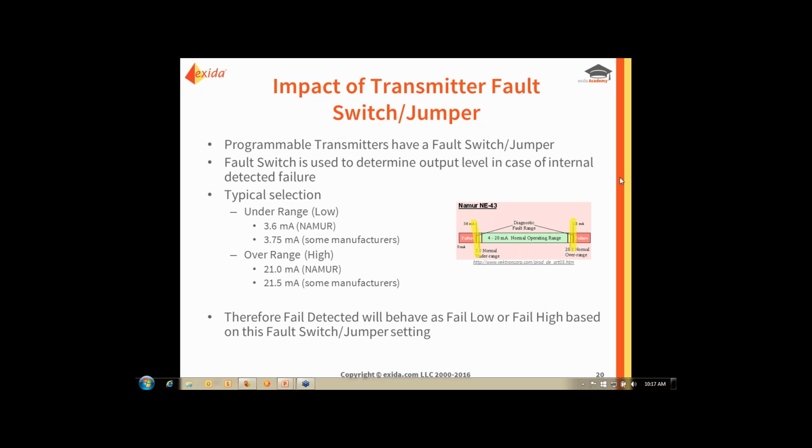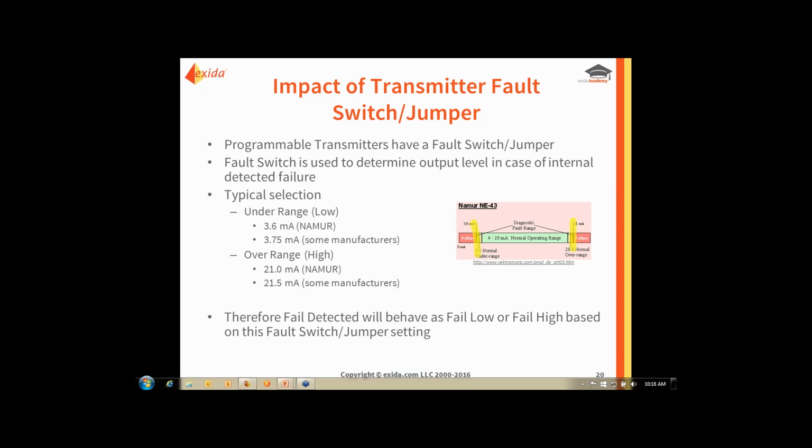Some manufacturers have a default setting of 3.75 milliamps because a HART signal will not work at 3.6 milliamp. It will work at 3.75 milliamps.